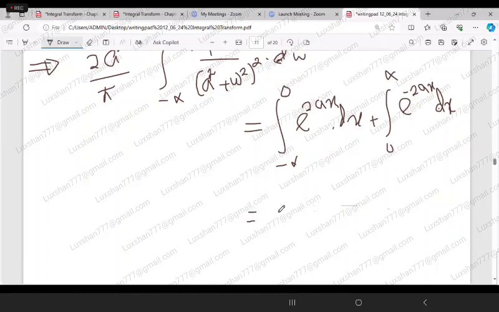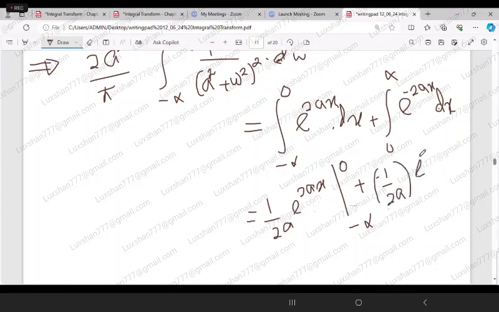So if we integrate this, this becomes 1 over 2a e to the power 2ax from minus infinity to 0, plus minus 1 over 2a e to the power minus 2ax from 0 to infinity.